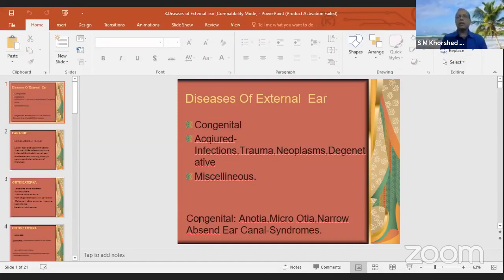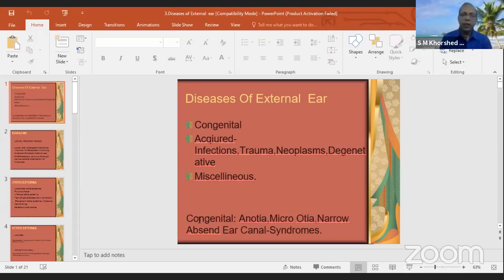The malignant otitis externa is the only disease that is associated with death. Other diseases are not associated with death. They may cause some pain, some discomfort, some itching, and some conductive deafness, which are curable.